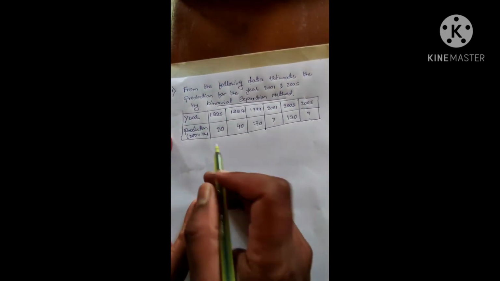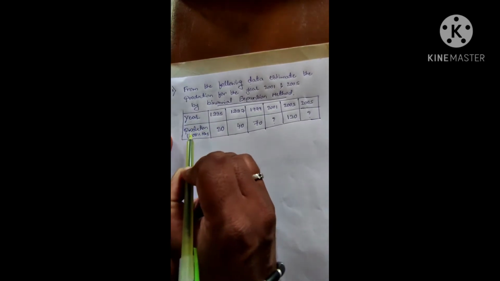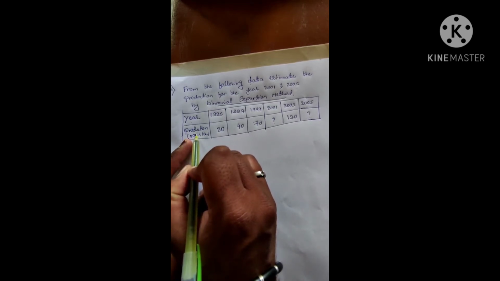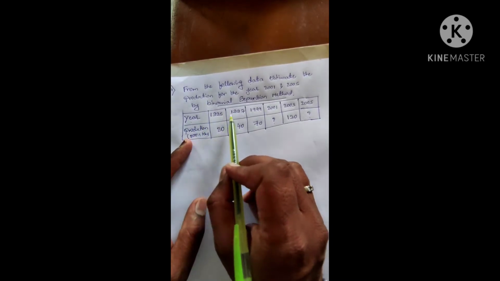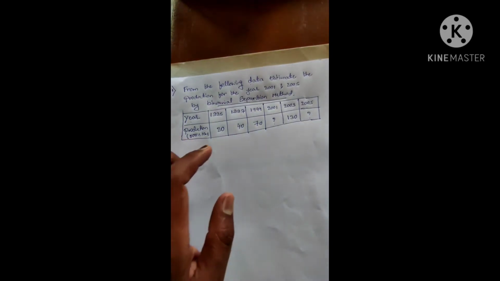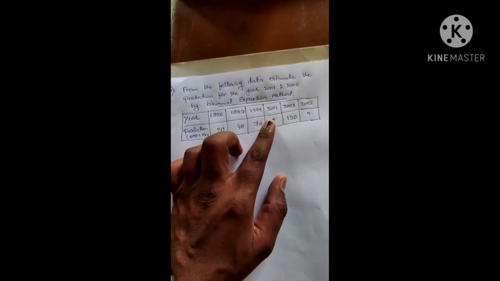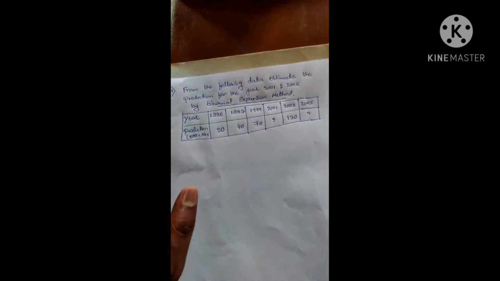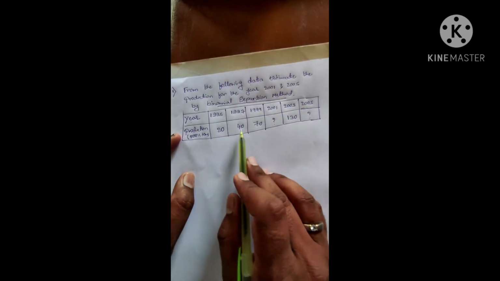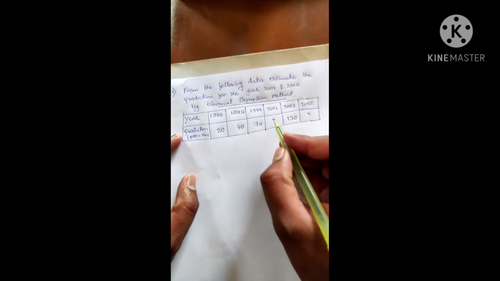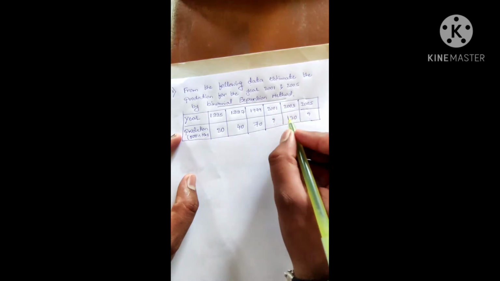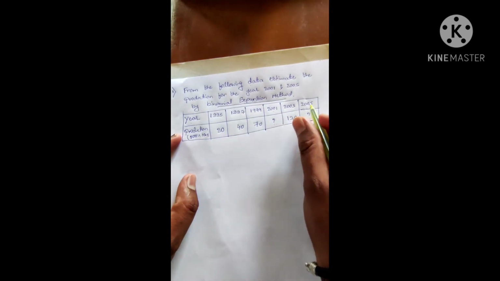Here they have given information of year and production. Years: 1995, 1997, 1999, 2001, 2003 and 2005. Next, production: 20, 40, 70 and a question mark, because we have to estimate the 2001 production, then 130, and again a question mark for 2005.